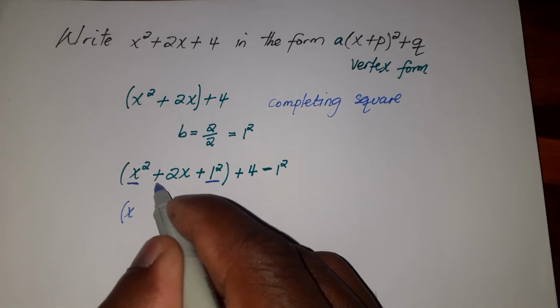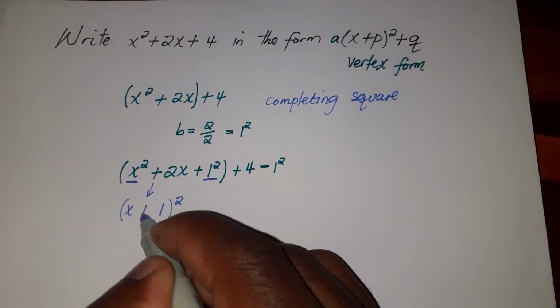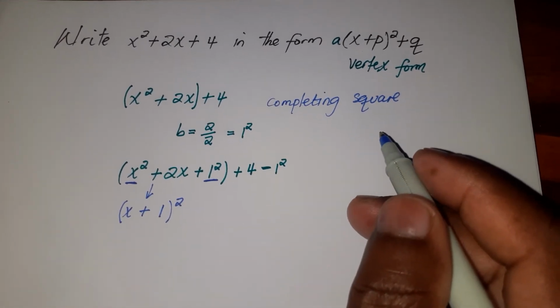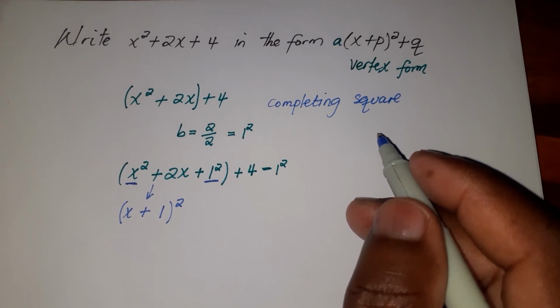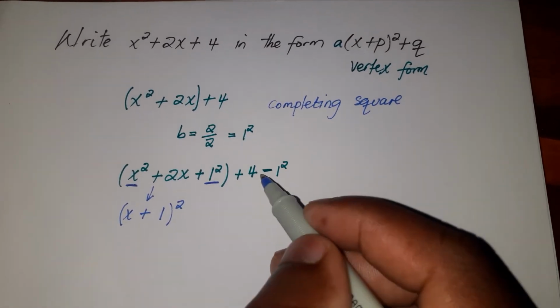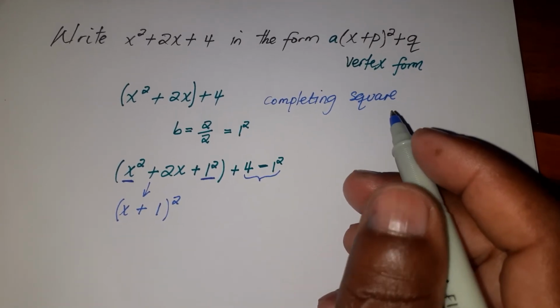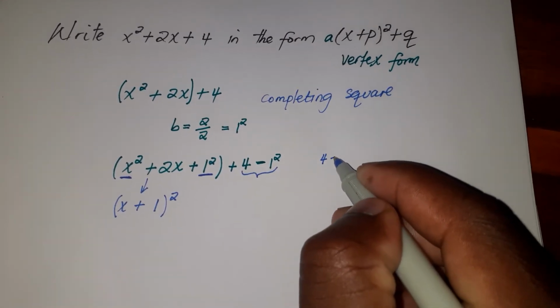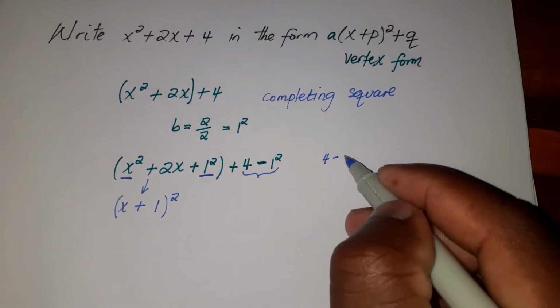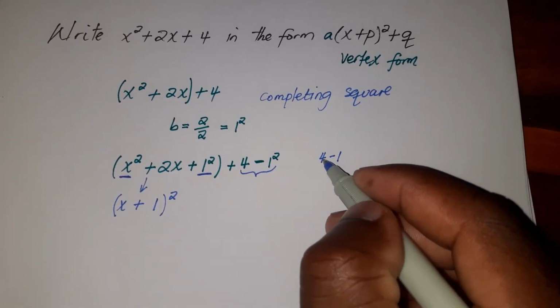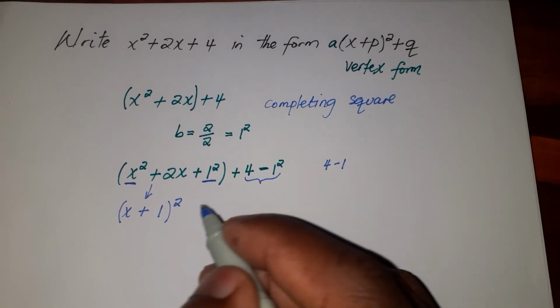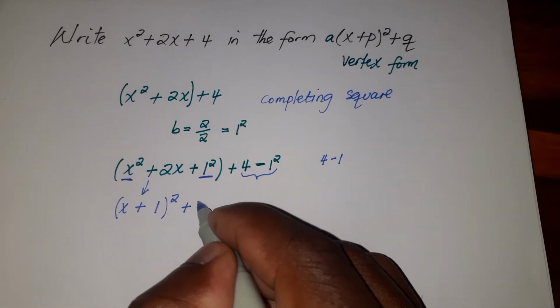In between here, we bring this sign, which is plus. After that, we can now work out this. 4 minus 1 to the power 2 is just 1. Therefore, 4 minus 1 is positive 3. Then we have plus 3.